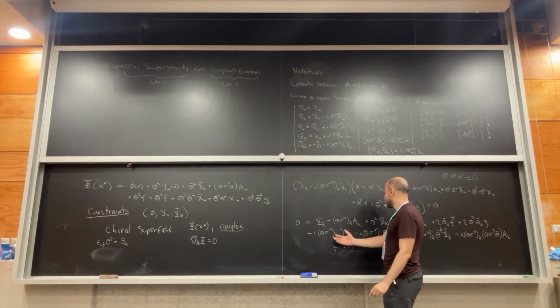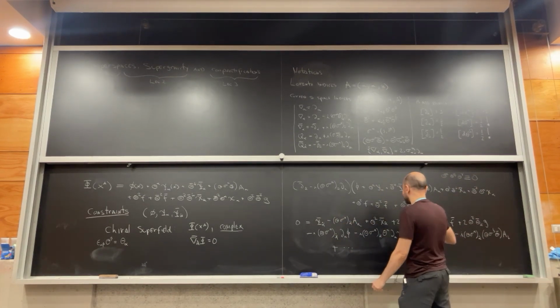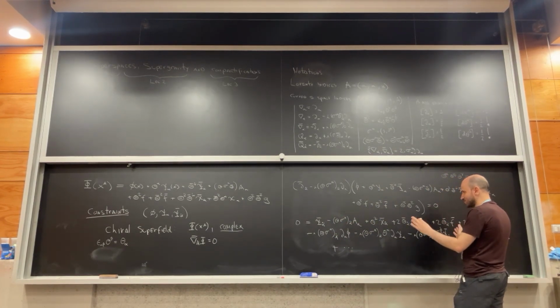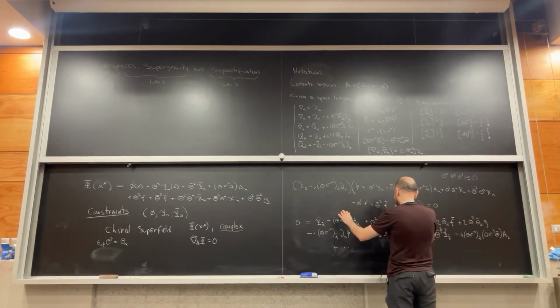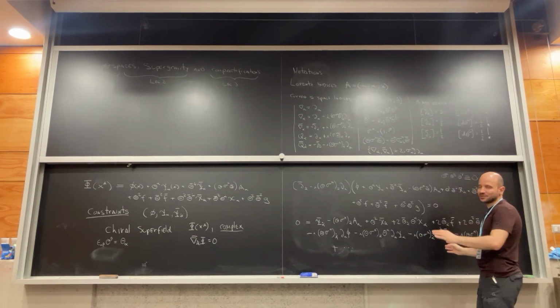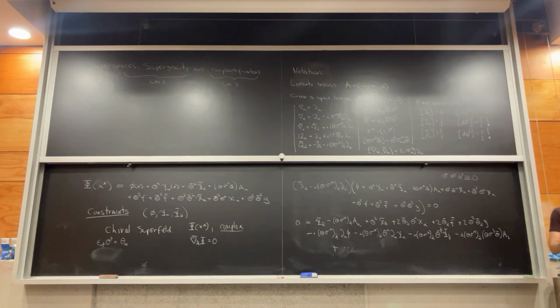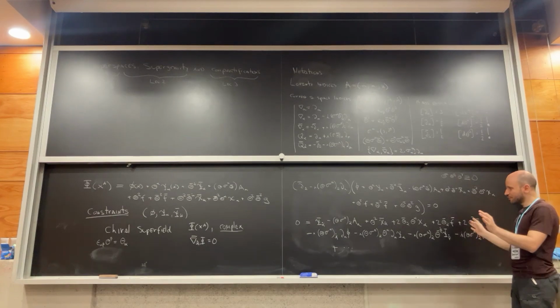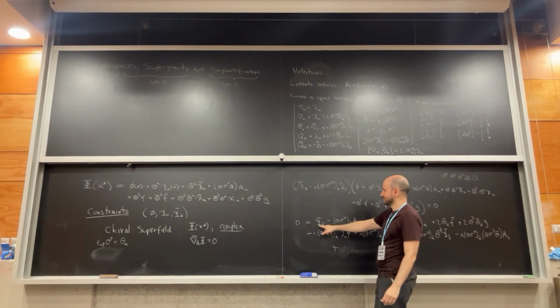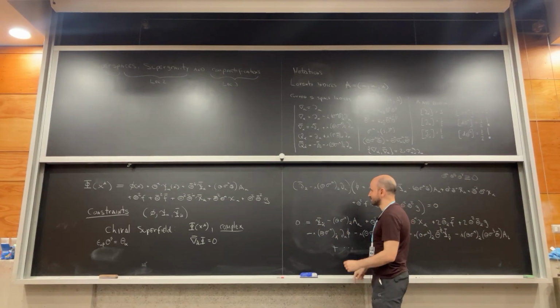So what does it say here? Each component, theta is a variable in the superspace. So each term here with the same number of thetas should be 0. The only term with no thetas is this one. So I get my first constraint.